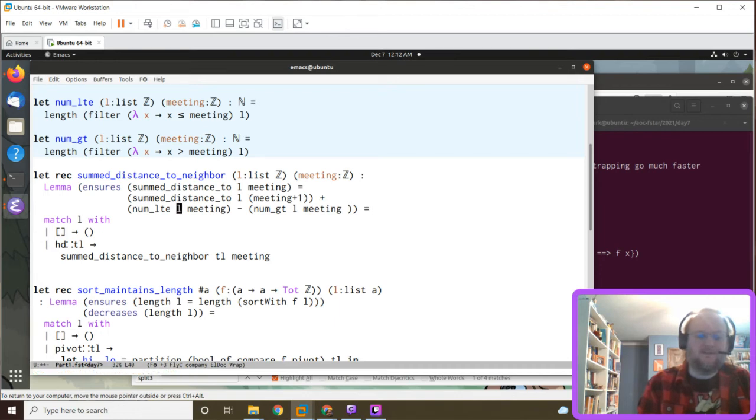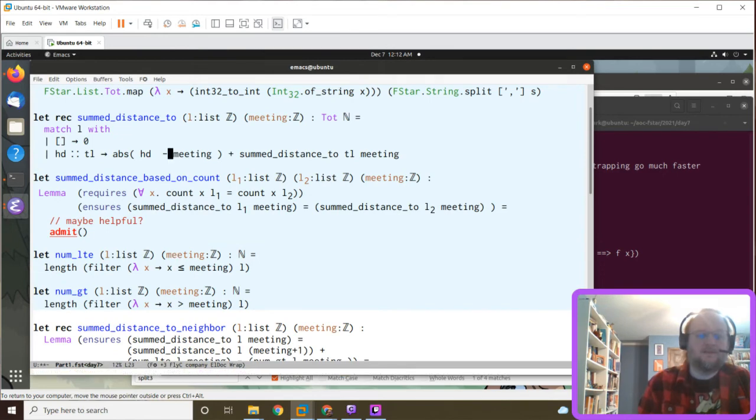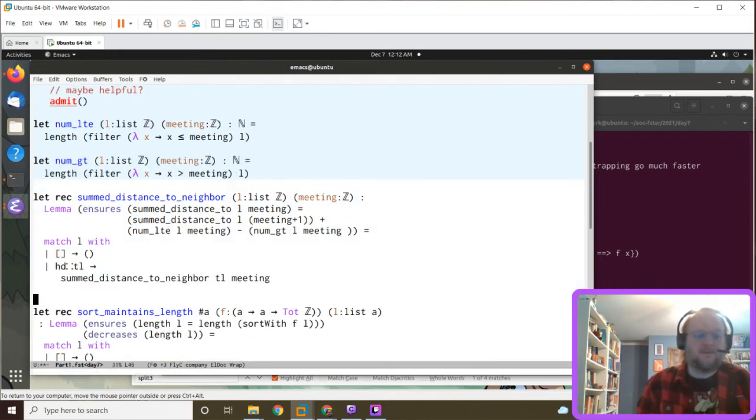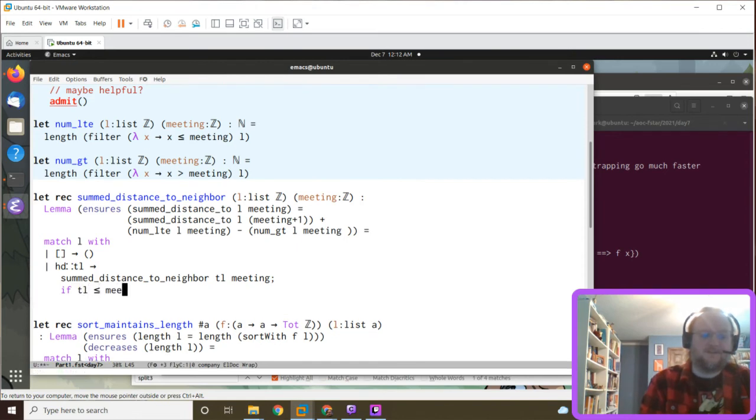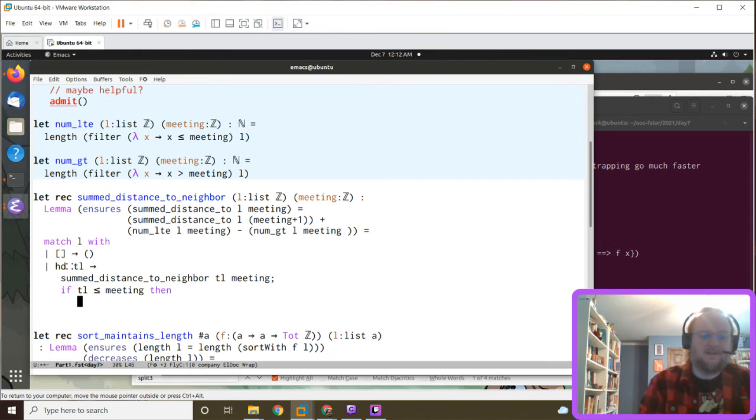So we have it for TL, and we need to prove it for L. So if TL is less than or equal to meeting, what we need is this is equal to, right.